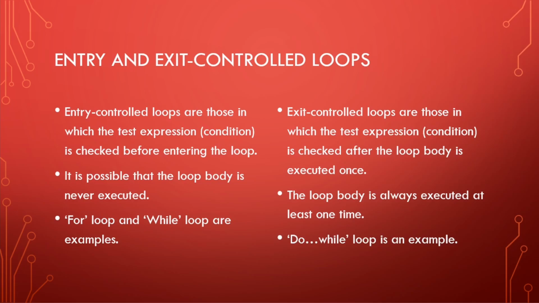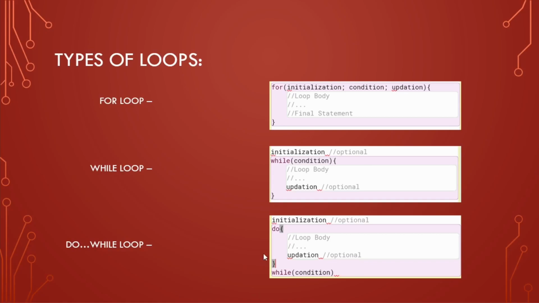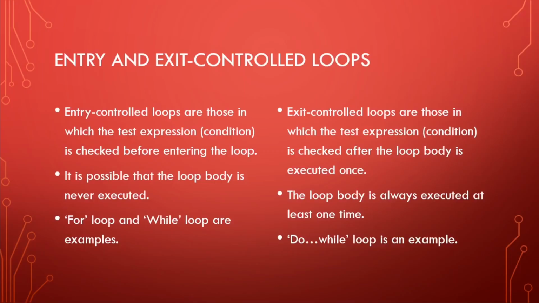And if this conditional statement is true after that, then it will repeat until it's no longer true. And the do while loop always allows the loop body to be executed once before exiting, at least once.